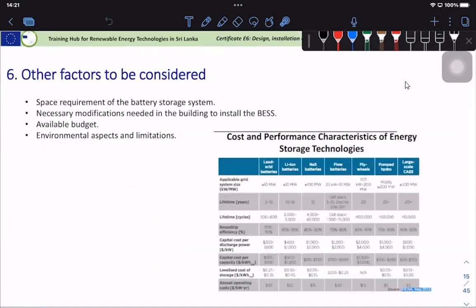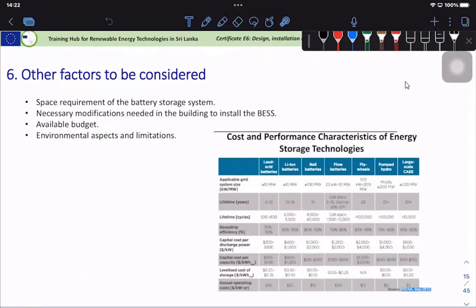And these are some other factors to be considered while designing a battery energy storage system. The space requirement of the battery storage system: how much space is the battery system going to take, and what are the necessary modifications needed in the building to install the BESS, and what is your available budget.